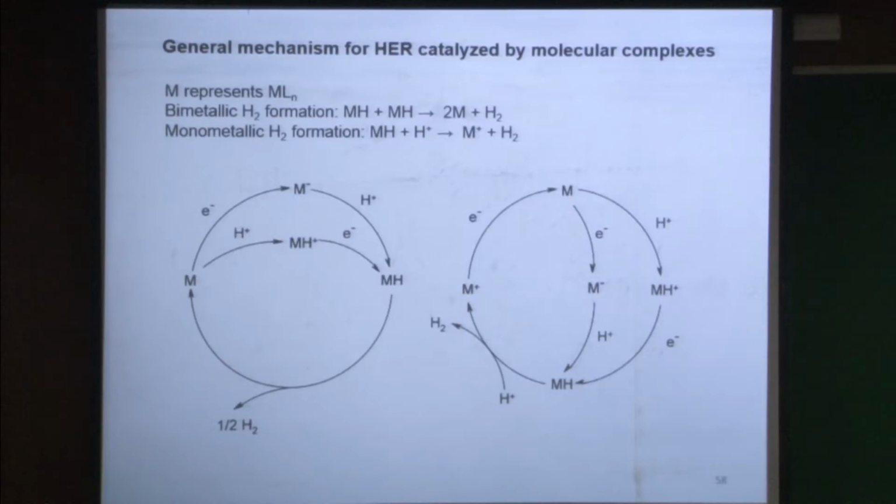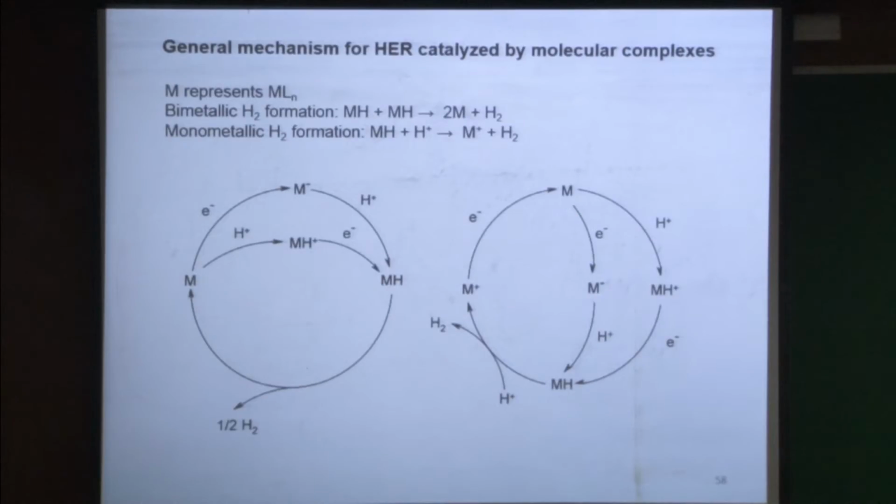The other pathway is that you have the intermediate MH, and you protonate it. You get hydrogen out, and you get M plus. How do you go from M plus back to MH? You first reduce it to M, and then you either reduce it again to M minus and protonate it to make MH, or you protonate it to MH plus and reduce it to MH.